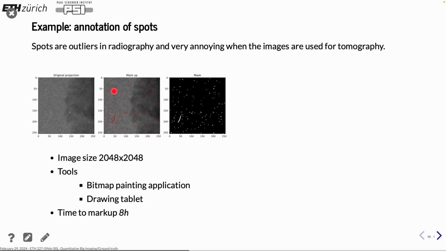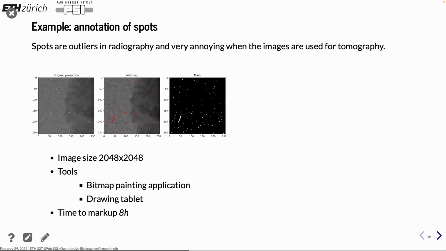What I did was to mark up all the spots in a 2K by 2K image. And then I got a mask of this kind. That I just did with some bitmap drawing application and a drawing tablet. You could even use an iPad or something and draw and mark up all these.